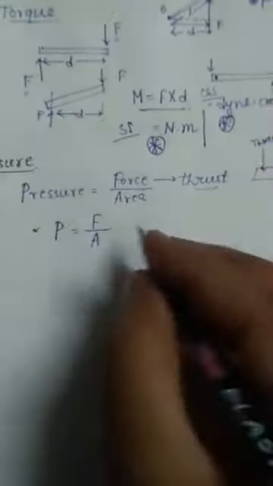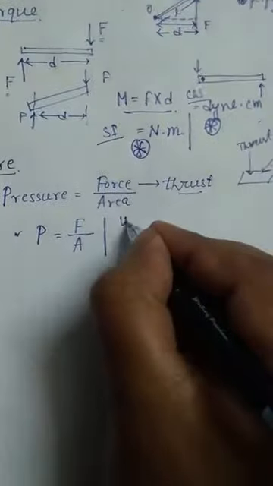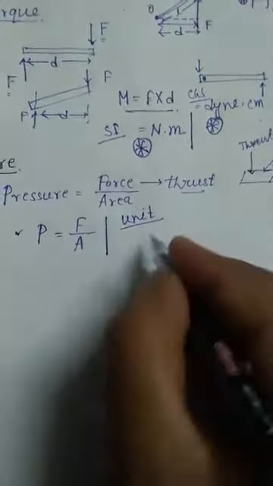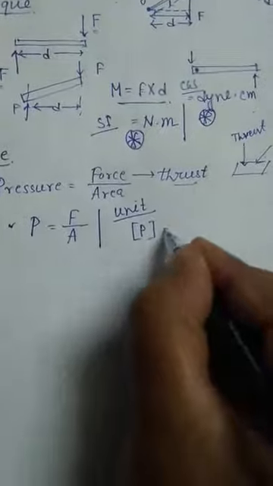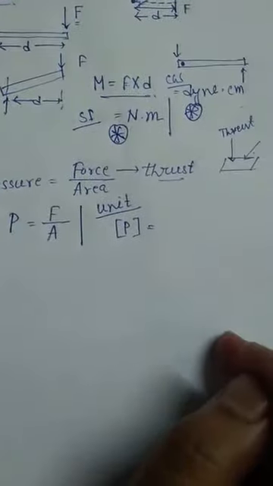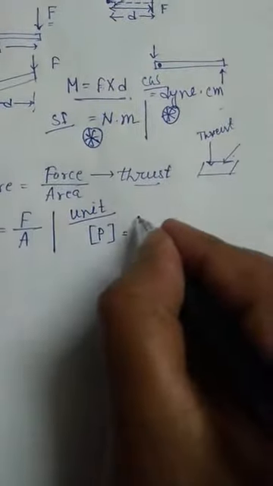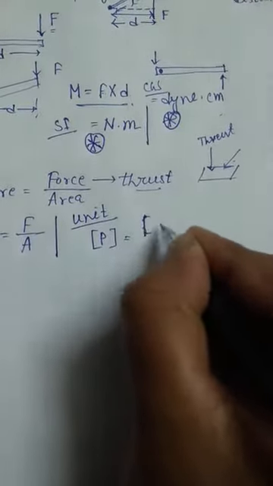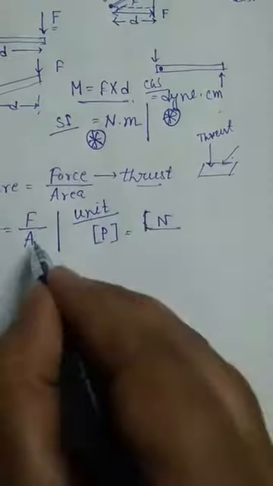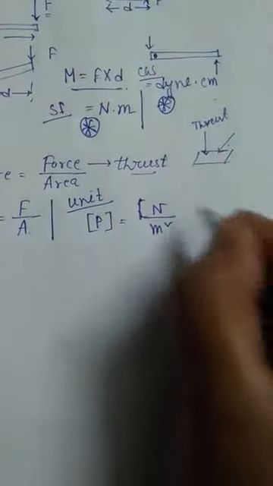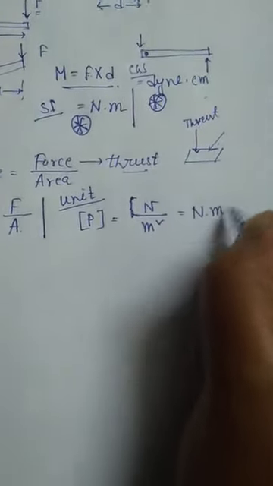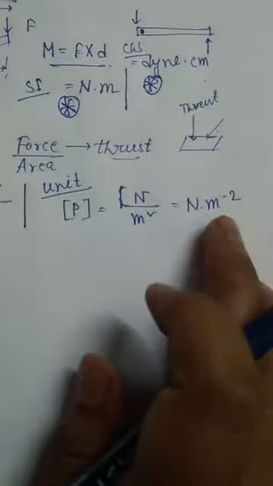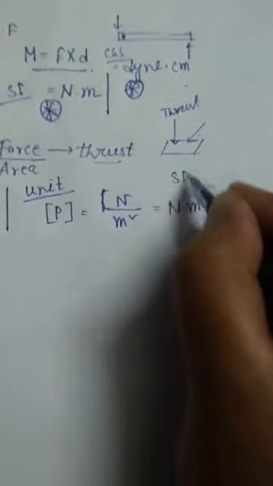Now what is the unit of pressure? Basically, the unit of pressure is the unit of force by the unit of area. In SI, the unit of force is Newton, and the unit of area is meter square. So Newton per meter square is the unit of pressure, and this is the SI unit.